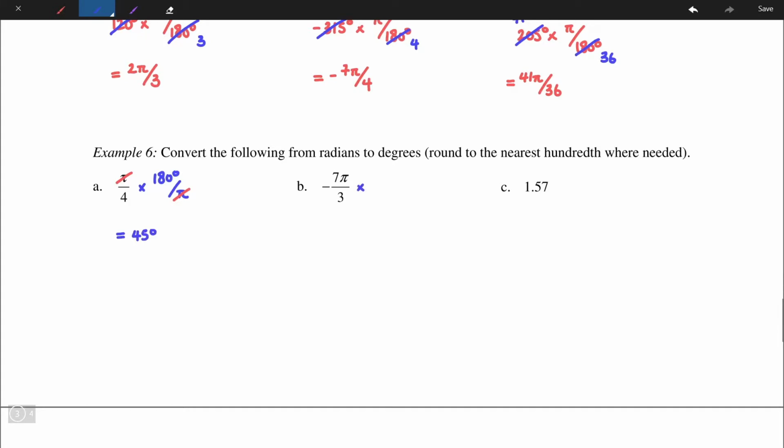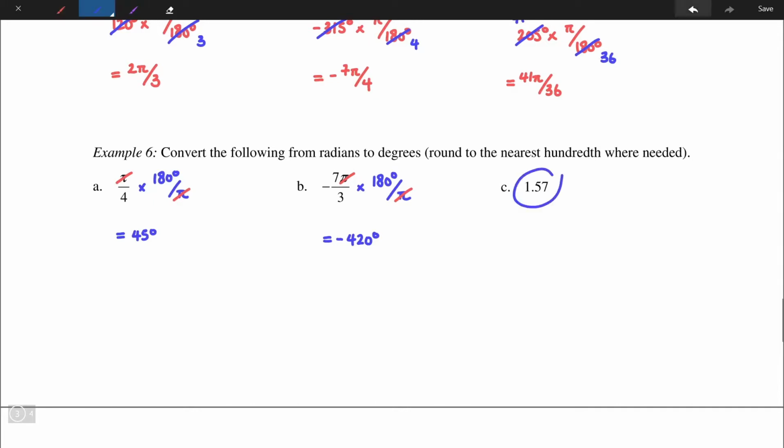Okay, next one, same idea here. Again, the pi's are eliminated. 180 divided by 3 is 60, and 60 times 7 gives us the angle measure of -420 degrees. Okay. Last case.